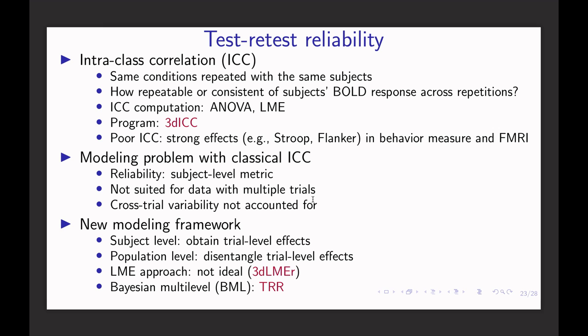For example, for the Stroop effect, a recent study showed the ICC value is only around 0.05. In FMRI, most of the ICC values are less than 0.4. That's really disappointing, right? So that's why people feel a little bit doubtful about the reliability of FMRI. Of course, FMRI is not flawless, right? So it's understandable.